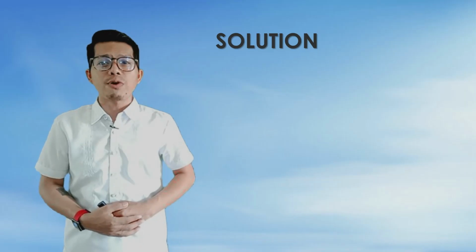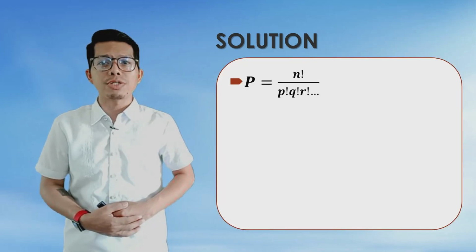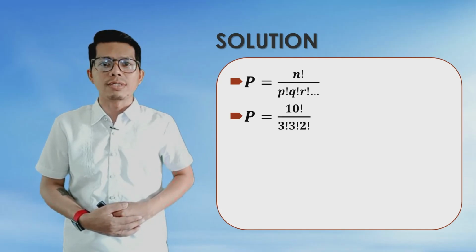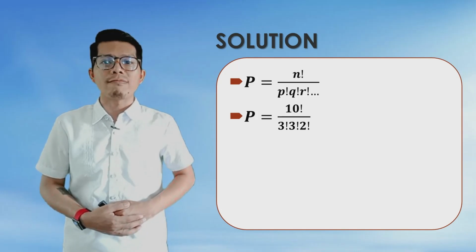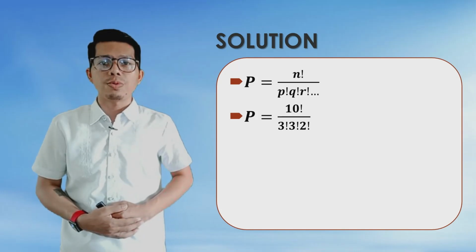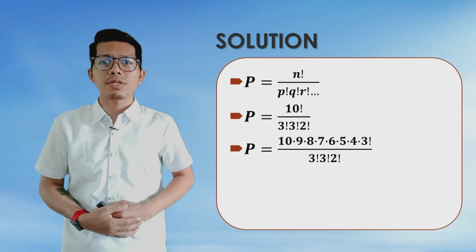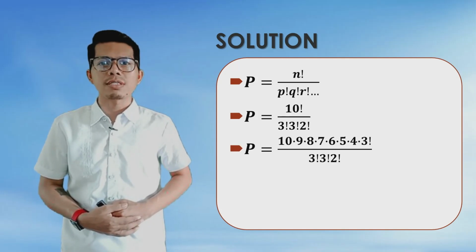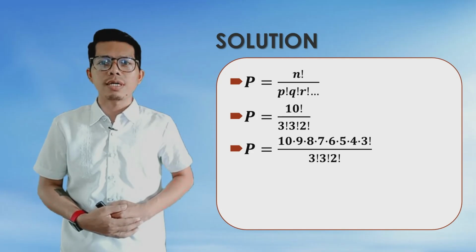By using the formula, the distinguishable permutation is equal to n factorial over p factorial times q factorial times r factorial and so on. Since n is equal to 10, we have 10 factorial. p is equal to 3, we have 3 factorial. q is equal to 3, we have 3 factorial. And r is equal to 2, we have 2 factorial. So 10 factorial means 10 times 9 times 8 times 7 times 6 times 5 until 1.